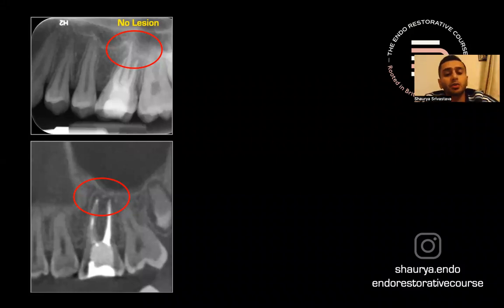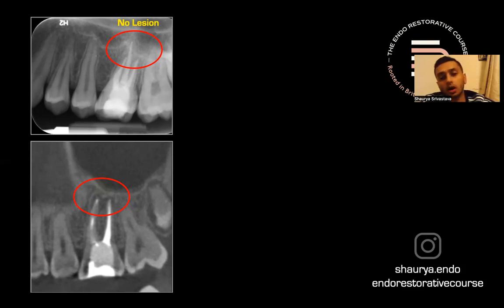So if this was done by a specialist, I asked the patient, can you get your records from your specialist? Can you ask them to email either the x-rays or send over the scan, and let's have a look, because why has the treatment failed? It's been done well enough and it's a well-reputed person. We need to understand why before just diving into treatment and being invasive for no reason, okay?